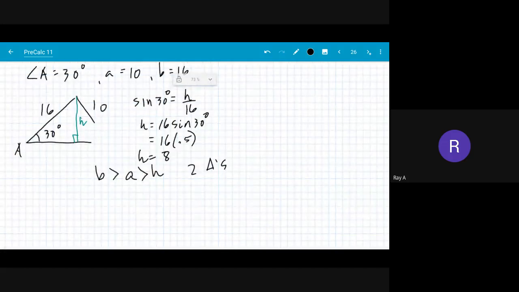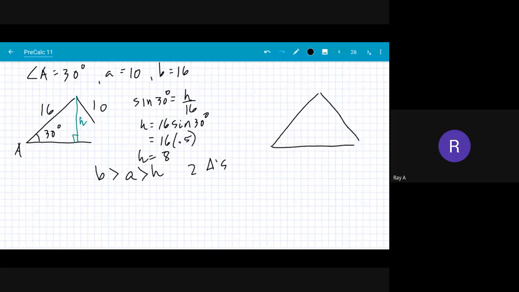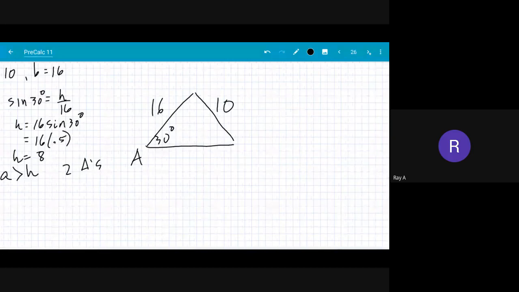So we already know there are two triangles, right? So let's just say this is one triangle, 16, 10, 30 degrees. So this is one possible triangle, while the other one would be shown in a little bit. So how do you do that?